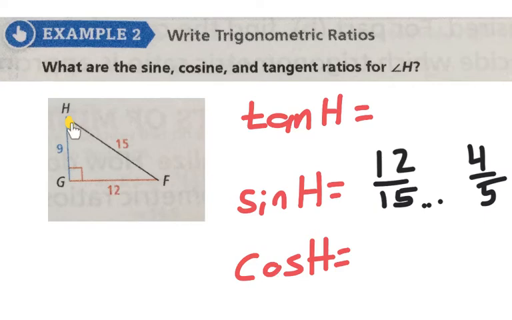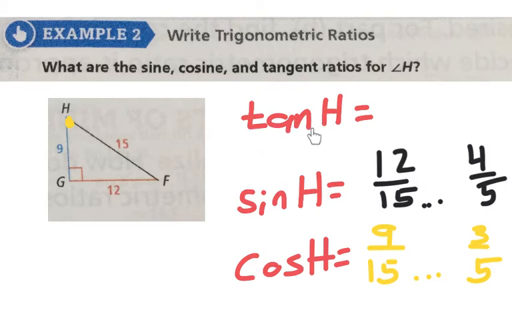Next, cosine of angle H. So cosine is going to be the adjacent side over the hypotenuse. So from H, my adjacent side is 9. My hypotenuse is still 15. So this is going to be 9 over 15, which we can reduce to be 3/5.